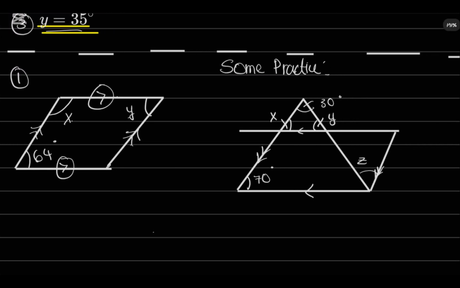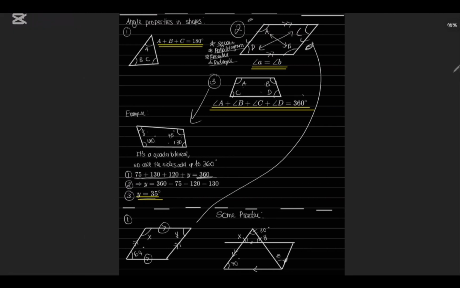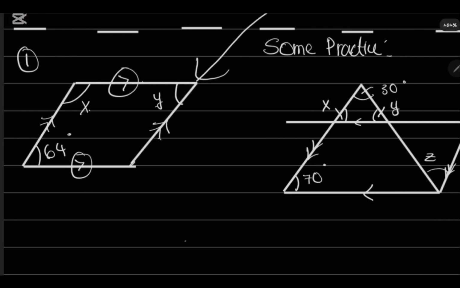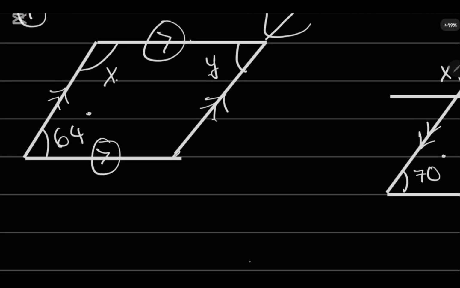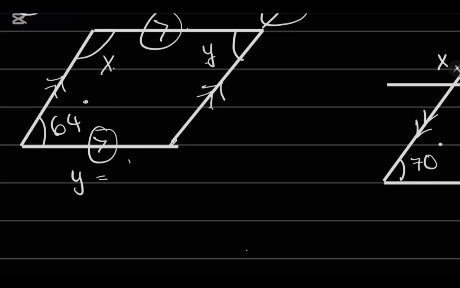As you can remember from rule number 2 here, opposite angles in a parallelogram, square, rhombus, or rectangle will be congruent. So y is opposite to 64 in this parallelogram. So y is 64 degrees, and we have 64 here.